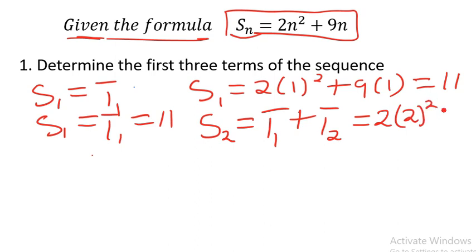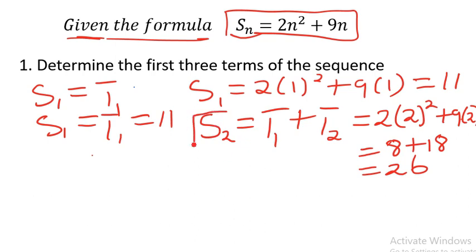So 2 squared gives me 4, 4 multiplied by 2 is 8, plus 9 multiplied by 2 gives me 18. Now 18 plus 8 gives me 26.